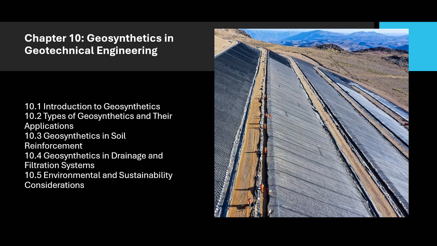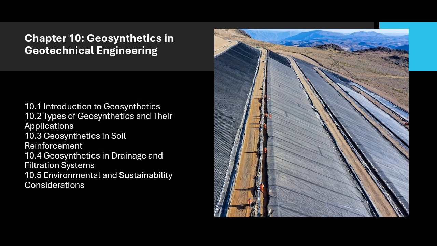Applications. Geogrids are widely used in the construction of reinforced earth walls, steep embankments, and subgrade reinforcement in road and railway construction. Benefits. Geogrids provide excellent tensile strength, soil interaction, and long-term performance in a wide range of soil conditions. 2.